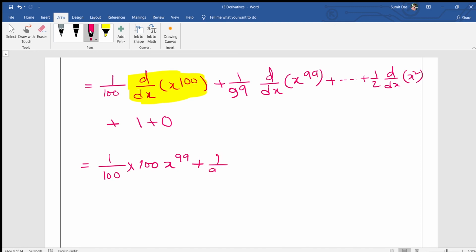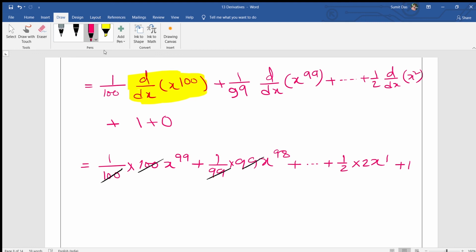Similarly, next, 1 by 99 into 99 x to the power 98, plus continuation. It will be 1 by 2 into 2x to the power 1, as x square was there, and plus 1. Where did the plus 1 come from? Plus 1 came from here. The 0 I'm not writing again. And you can see 100, 100 cancel, 99, 99 cancel.